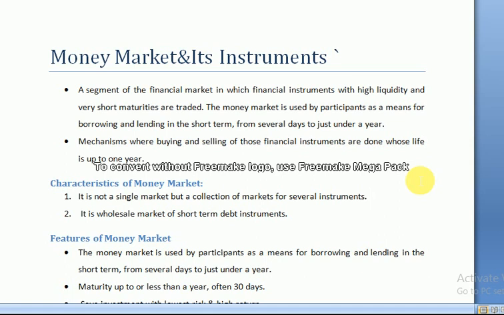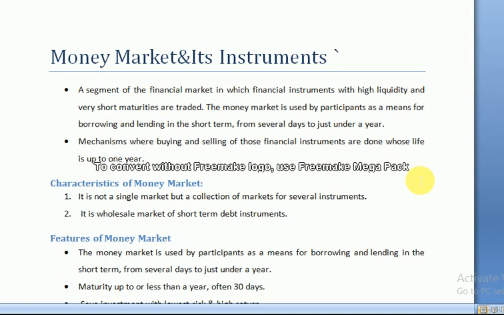They are part of the broader system of financial markets. So hope you now understand the concept of money markets.